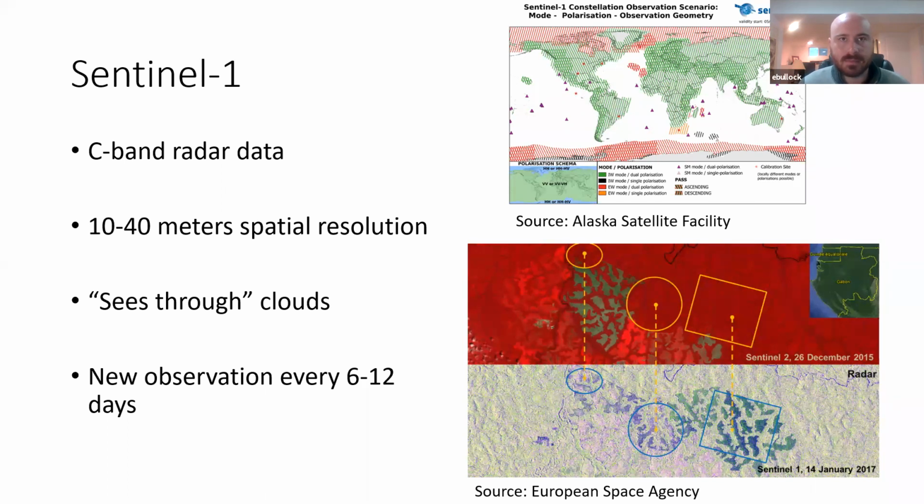And it's probably the first radar sensor that has all of these characteristics that are ideal for forest change monitoring. You know, it's medium spatial resolution, and it is freely available for us, and it's frequently observed at the same location.